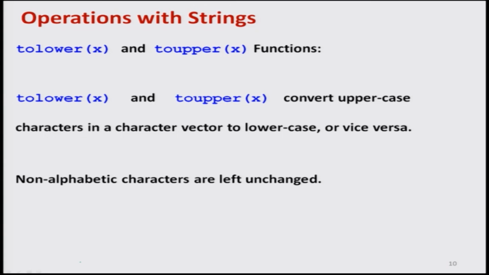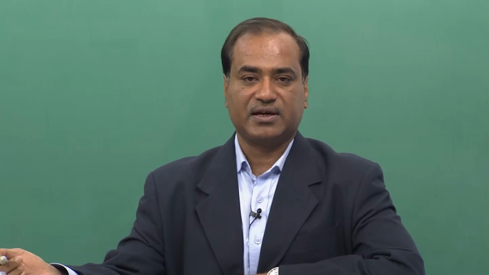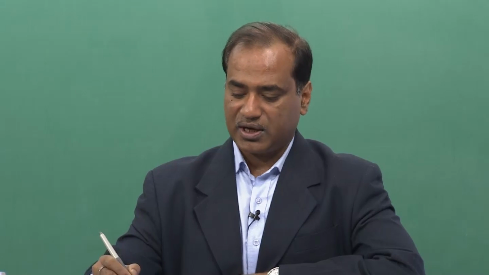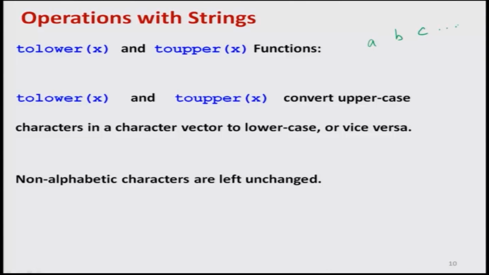Sometimes you have done something and your output is coming in lowercase letters, that is small alphabets, what we call in common language small a, small b, small c, something like a, b, c and so on. And suppose I want to change the lowercase into uppercase.